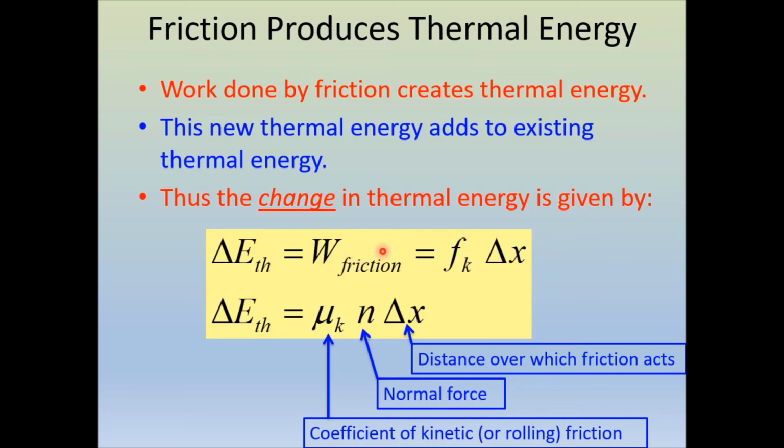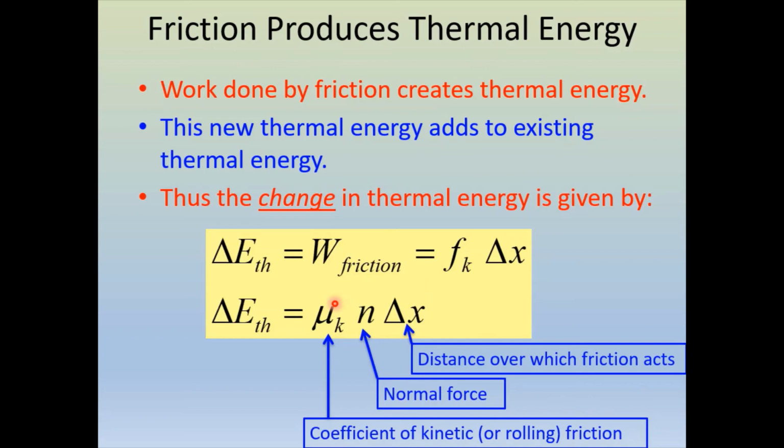But to figure out how much work is done by friction, remember friction, we can show that as F sub k. This is kinetic friction, because it's friction of motion. And we multiply that by distance. Force times distance is work. So kinetic friction, remember, is calculated by mu sub k.